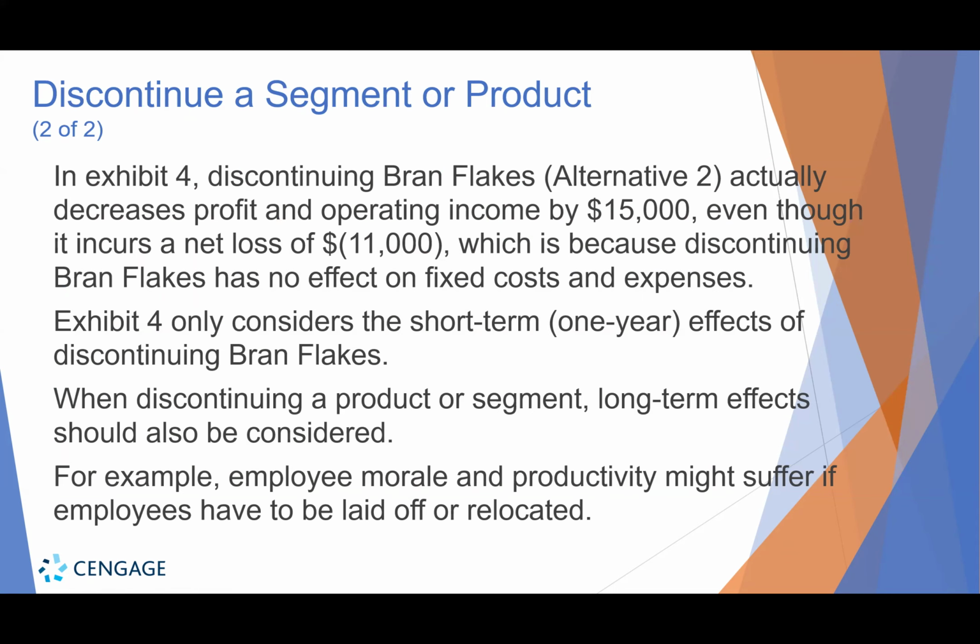So with the bran flakes, we have an overall profit in the company of 69,000. In Exhibit 4, if we discontinue the bran flakes, it will decrease our profits and operating income by 15,000, even though those bran flakes are causing an 11,000 loss.